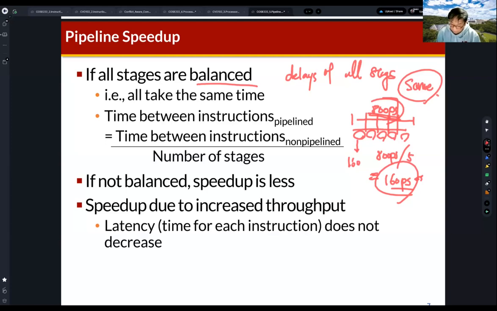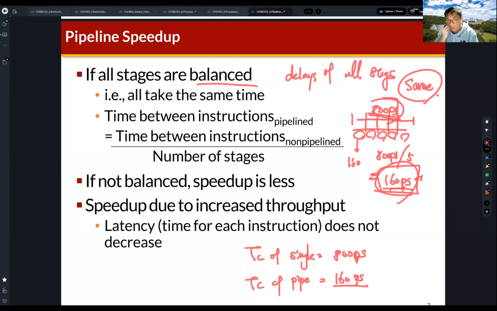Because the single cycle processor can receive instructions every 800 picoseconds, but using the well-balanced pipelining architecture, the clock period becomes 160. So the clock period of the single cycle processor is 800 picoseconds, but the TC of the pipelined processor becomes 160 picoseconds when all steps of the pipeline are well balanced.